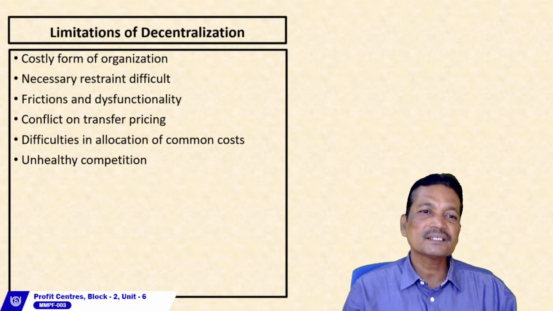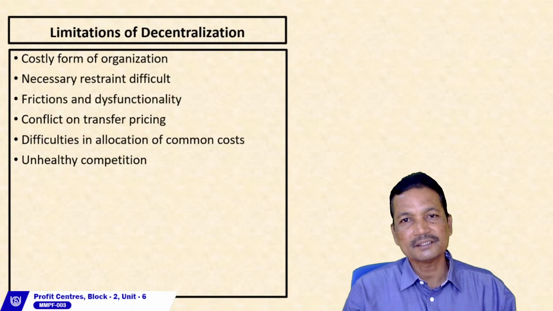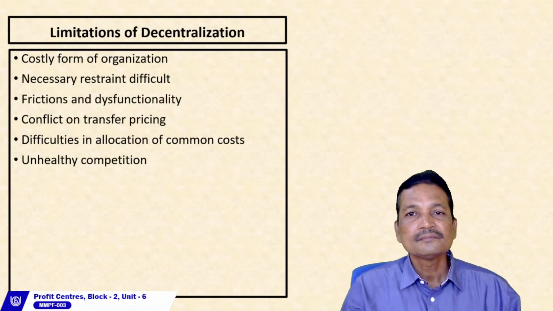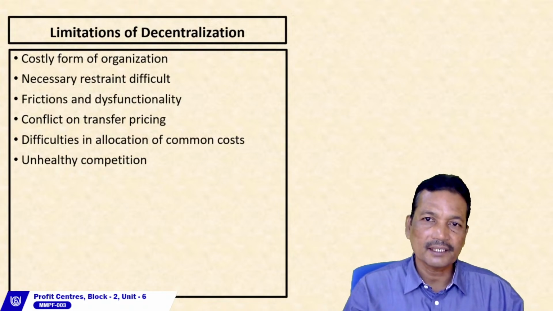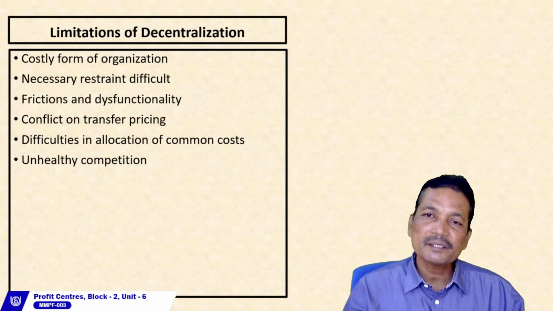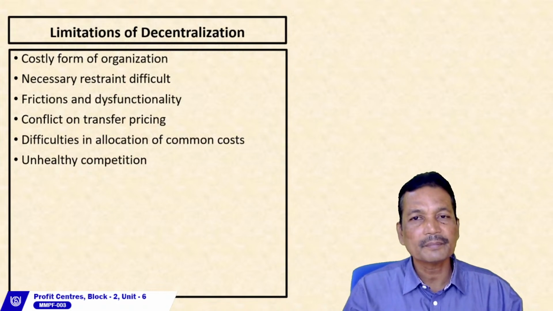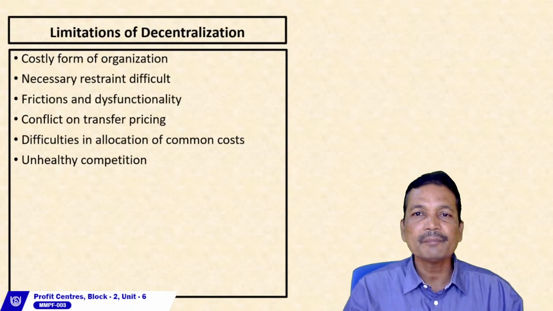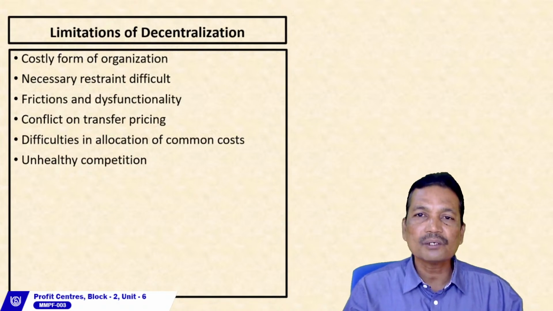Now there can be frictions and dysfunctionality among divisions. How? Now not all the divisions will be making profits in an organization. Some divisions may also be making losses. What happens? The losses of a division may be offset by profits of another division when we look at the organization as a whole.